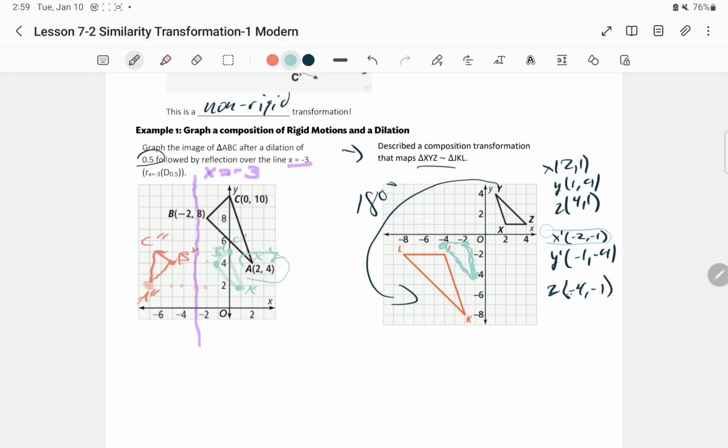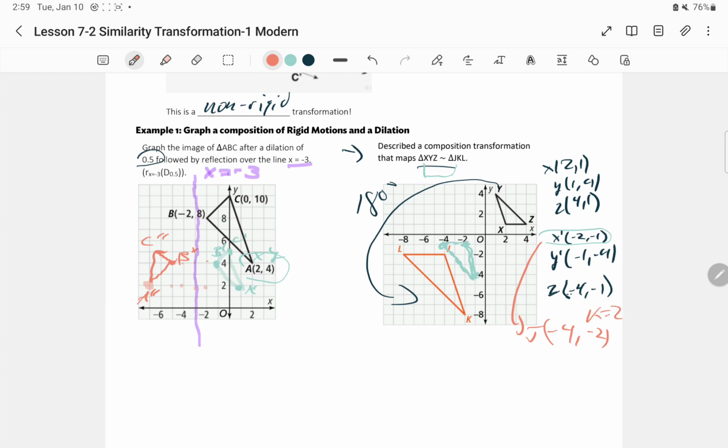I'm going to take a look at this X coordinate. It's at -2, -1, and X needs to go over to J based on my similarity statement. So where was J? J appears to be at -4, -2. So how can I get from X to J through multiplication? It looks like if I just multiply everybody by 2, my scale factor is 2.